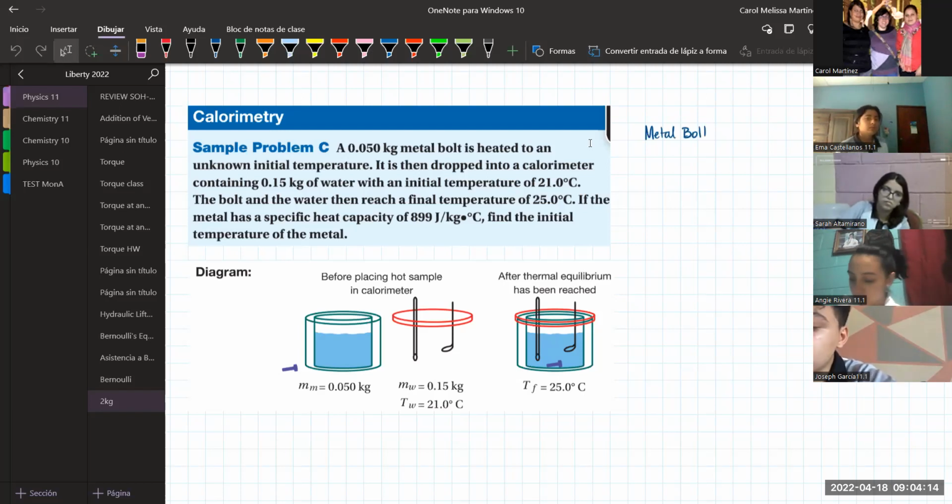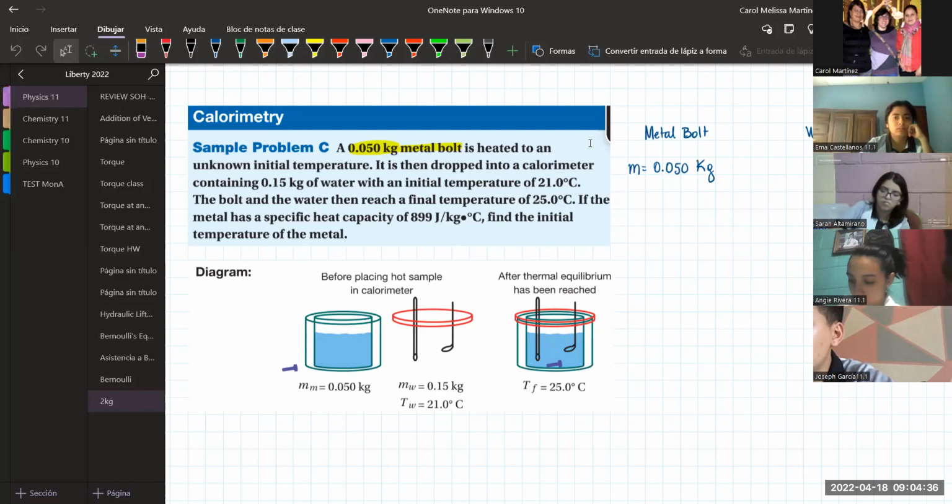Metal bolt and water. What do I know about the metal bolt? The mass. I know the mass. So the first given is the mass, that is 0.050 kilograms. That is the mass of the metal bolt.